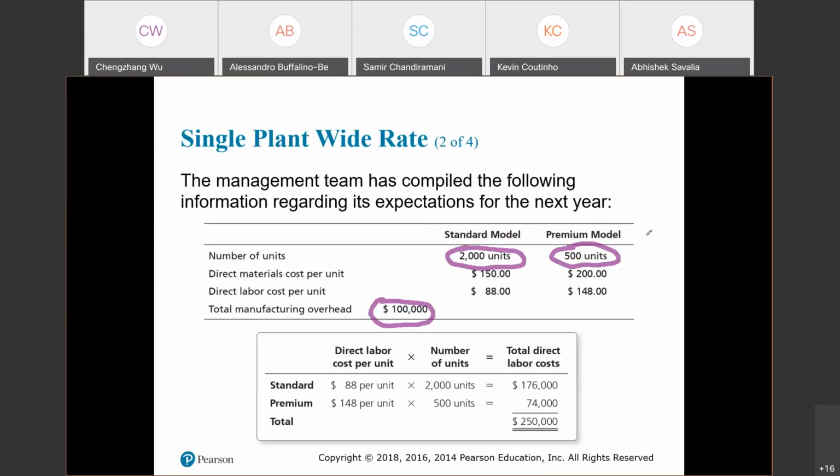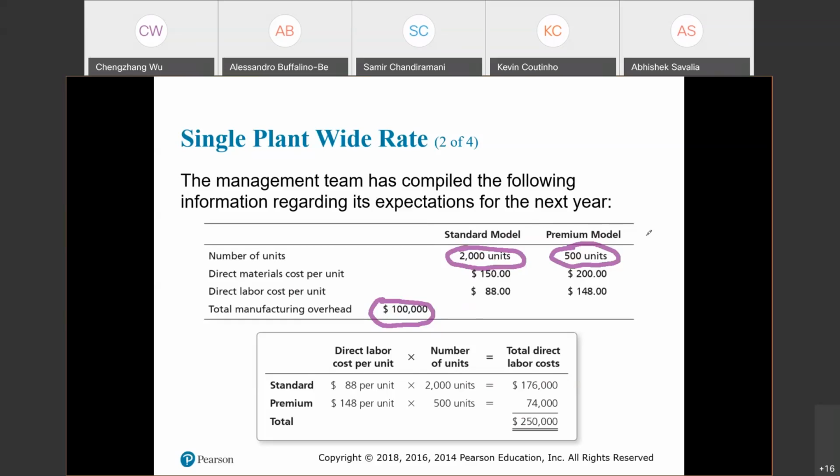When the company was producing only one model of tablets, direct labor cost was used as the allocation base, so we retain direct labor cost as the allocation base.